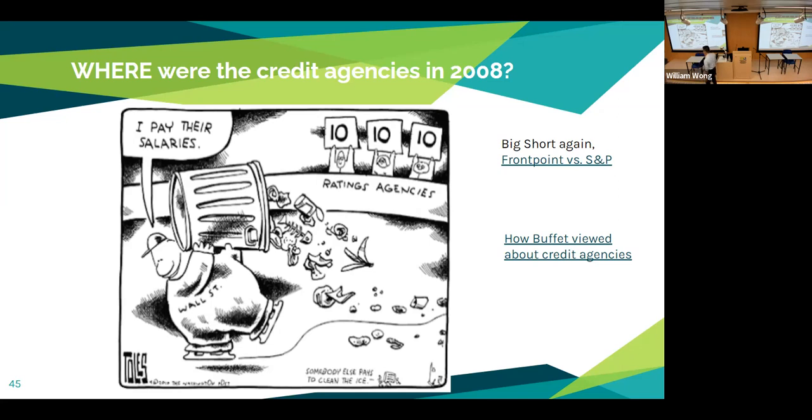But watch out for this particular movie, because there's an implication when they showed that lady from S&P. The lady was wearing sunglasses, and she was actually trying to make a joke that these guys don't care about the credit rating, they just care about the money they can earn. I hope you understand the triangle relationship.